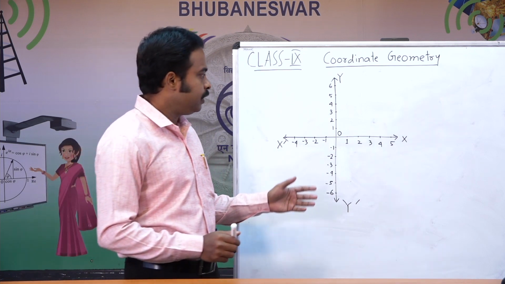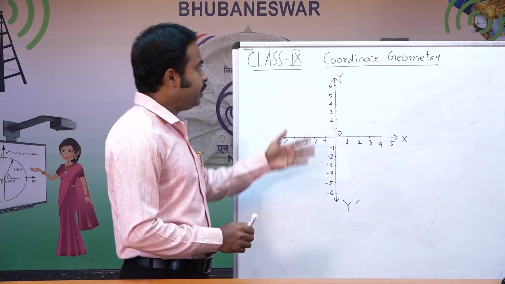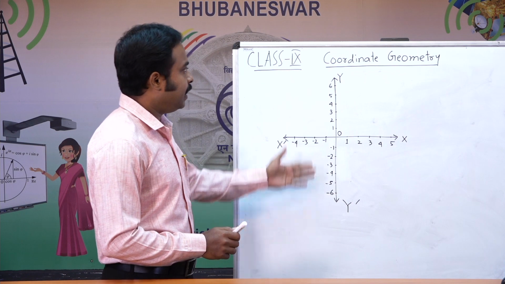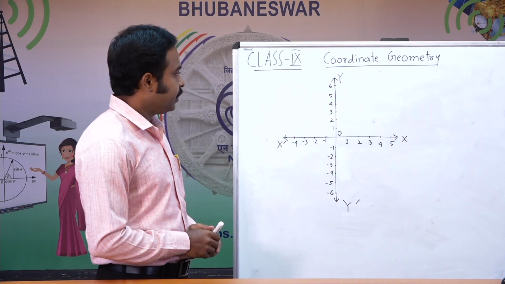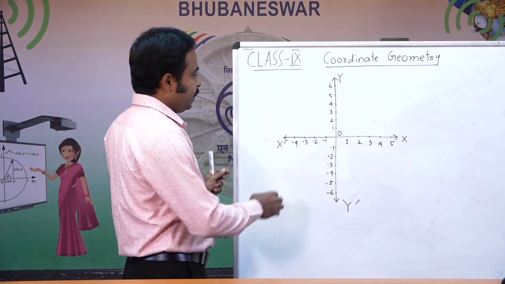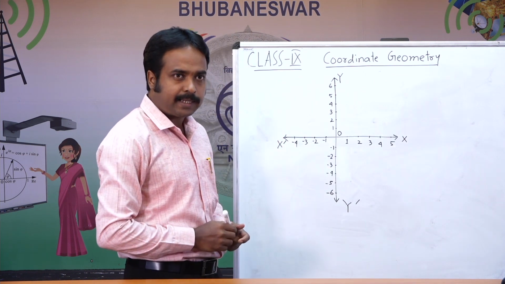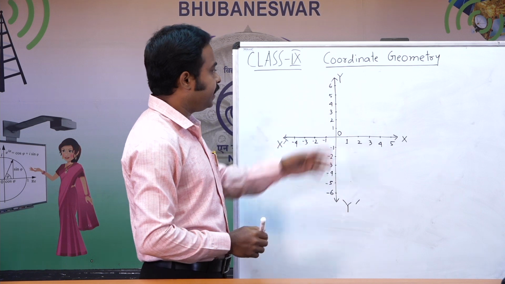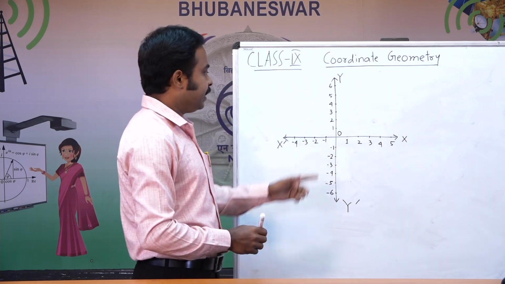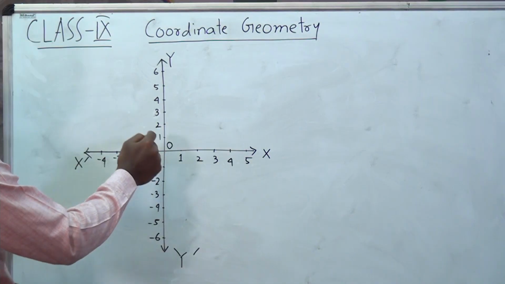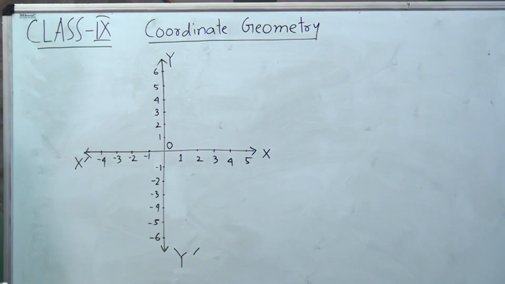Now students, you may see, if we take the face of this whiteboard as the Cartesian plane, then this horizontal line is the x-axis, this vertical line is the y-axis, and they intersect at the point O, and we are taking this point as the origin.